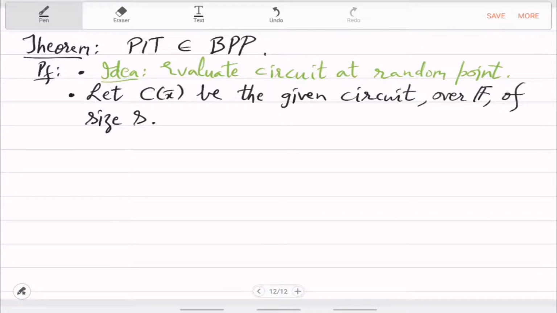How big can the degree be? Remember that in a circuit you can do repeated squaring. You can have s multiplication gates, and then you can feed the output of the previous one to the input of the next one. That way you will be squaring. So x becomes x squared becomes x to the 4, and x to the 4 becomes x to the 8, and so on. So that can give you degree s to the s.